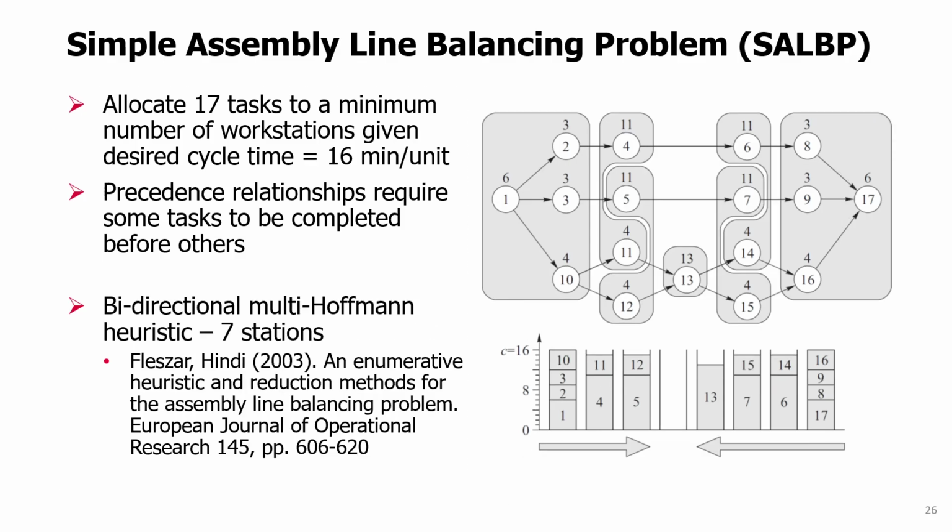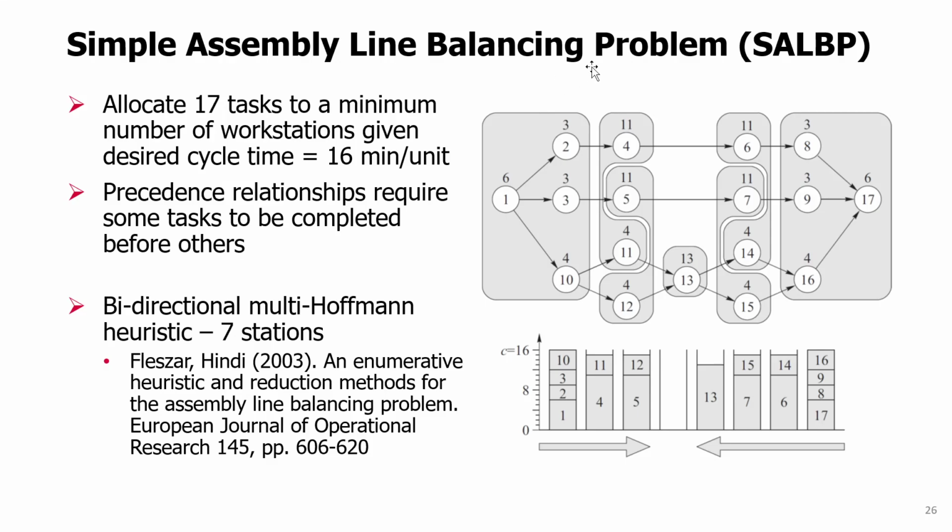Now, in my own work from 2003, we created a bidirectional heuristic, applying the Hoffman heuristic from 63 bidirectionally multiple times. And this kind of heuristic can create solutions that are sometimes better in terms of saving one or more stations.